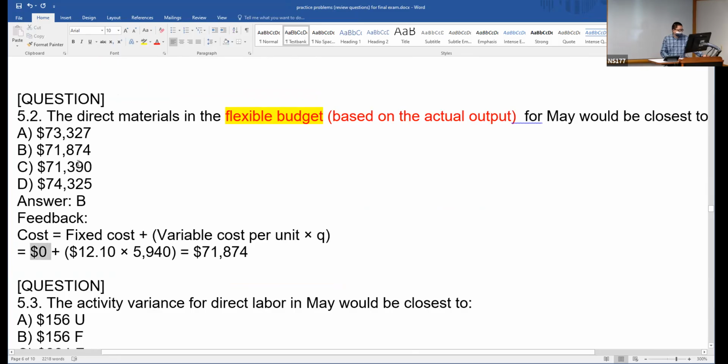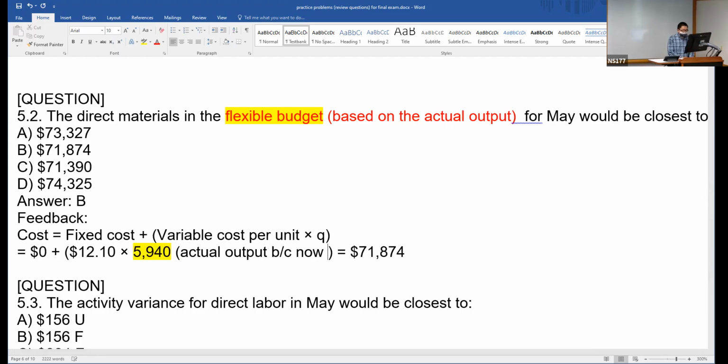This is the fixed cost. And then we have a variable cost, which is 12.1, multiplied by the actual output, because now it is the flexible budget instead of the planning budget.